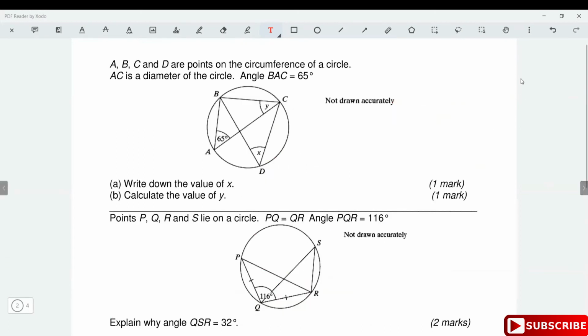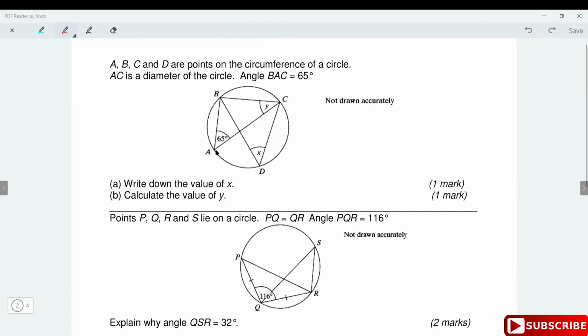All right, looking at this question right here. It says A, B, C, D are points on a circumference, and AC is a diameter. Now clearly, if AC is a diameter, it's done already.